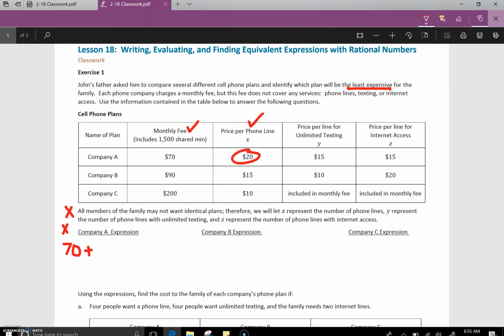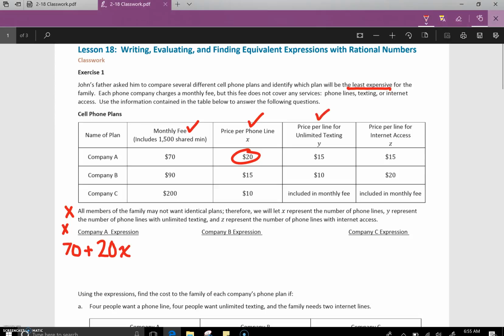So we take that 20 and we multiply it by X. X stands for the number of phone lines. So if it was one phone line, it would be 20 times 1. If it was two phone lines, it would be 20 times 2, or $40. So that variable will be helpful to allow us to plug in any number of phone lines.